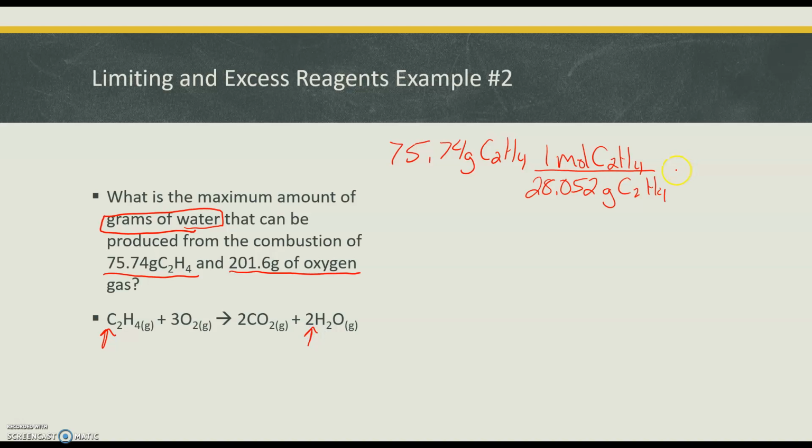This is a 1 to 2. 1 mole C2H4 per 2 moles of H2O. Then, because we're looking for grams of water, I'm going to continue this with our molar mass of water. We're going to cancel our moles of water and put our molar mass on the top.